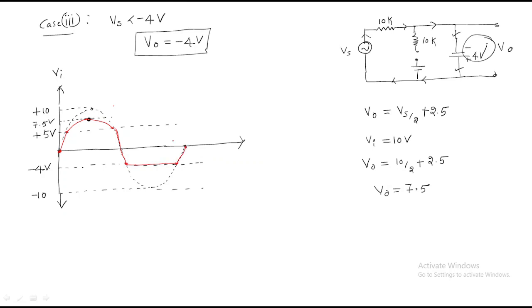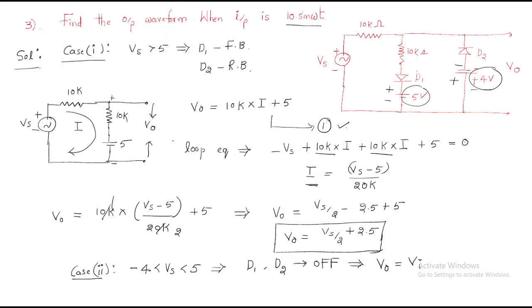So this is the waveform generally. This is a different type of problem, that's why I chose this problem. Whenever he mentions some resistance across here, then the waveform will change. If there is no resistor, directly it is between plus 5 and minus 4.